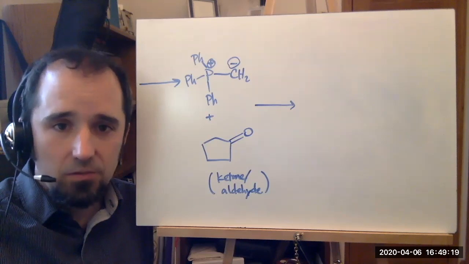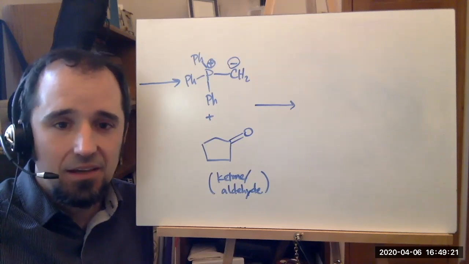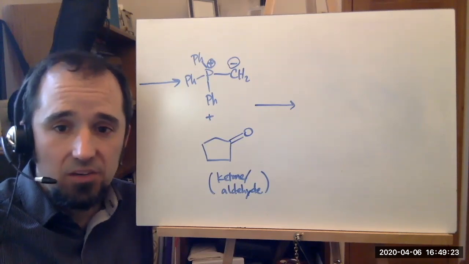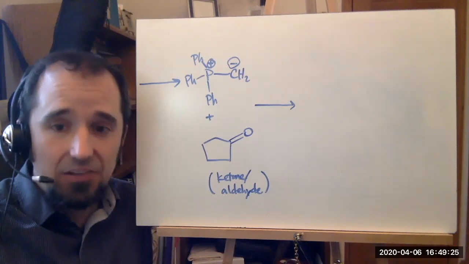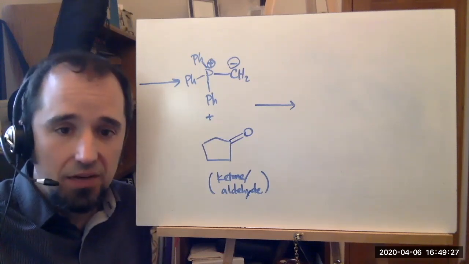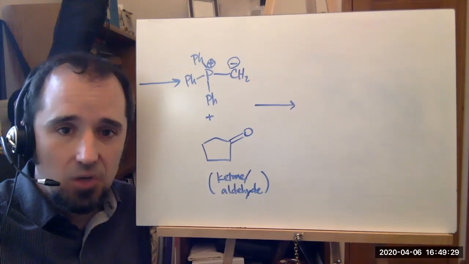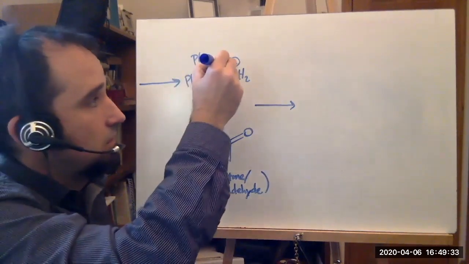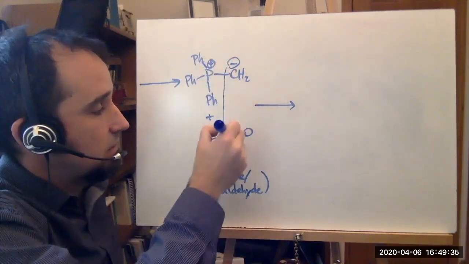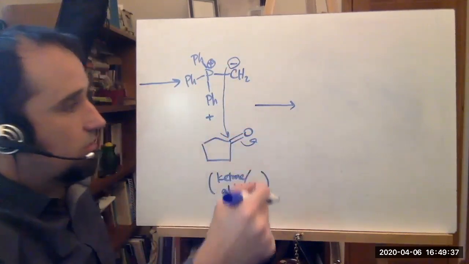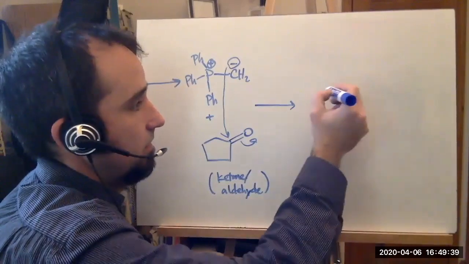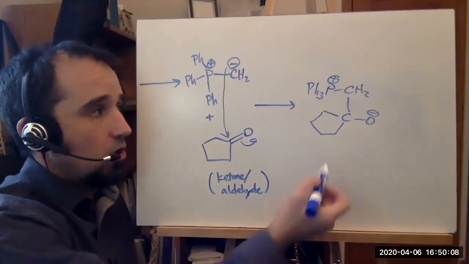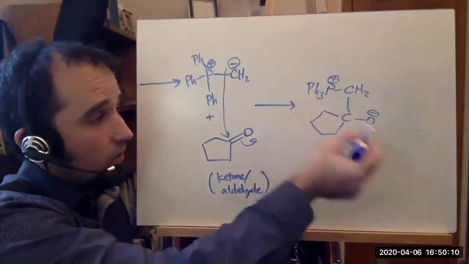Now, what happens when we take this ylide and react it with some ketone or aldehyde? Again, ylides are really great carbon nucleophiles, and we've been talking about ketones as electrophiles. So let's do that reaction. Attack, push electrons up, and we end up with this Zwitterion.